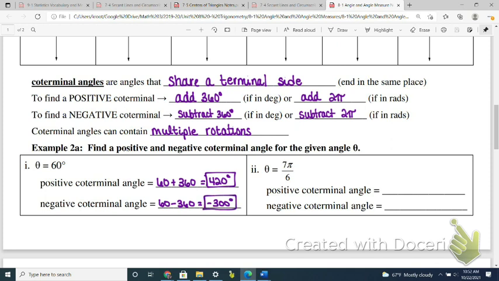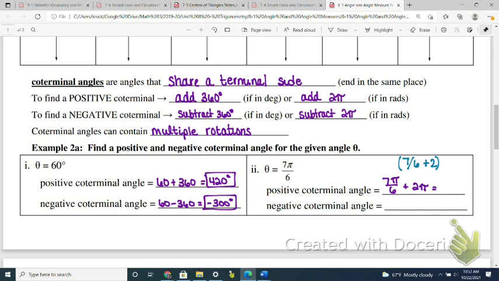For the radians, I'm going to do the same thing. So I'm going to do 7 pi over 6 plus 2 pi. In your calculator, you are going to just type 7 divided by 6 plus 2. Then turn it back into a fraction and put the pi with it.